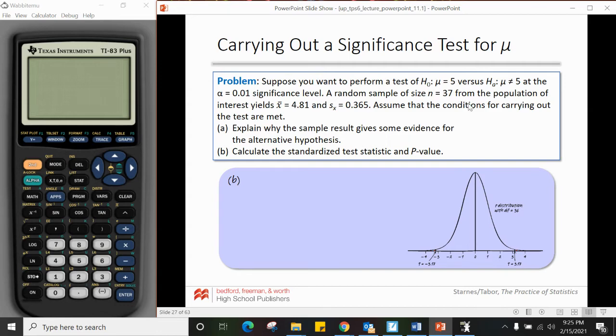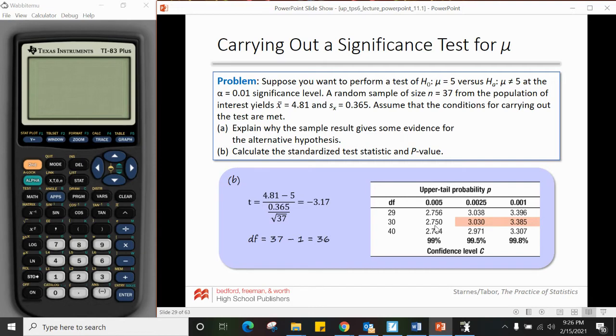If our n is 37, that means our degrees of freedom is 36, as you can see here. So we're going to do 4.81 minus 5 divided by s sub x, 0.367, divided by square root of n, and get a t value of negative 3.17.